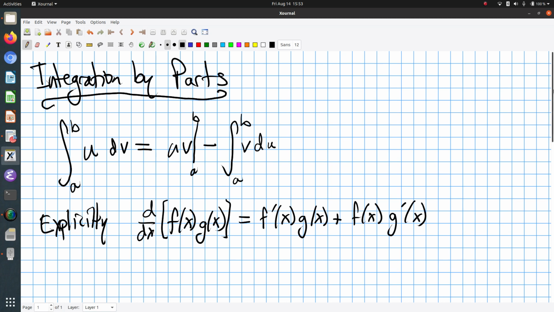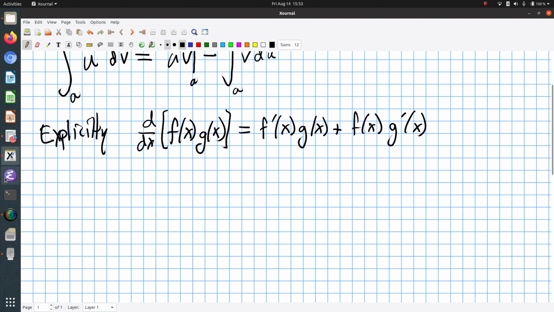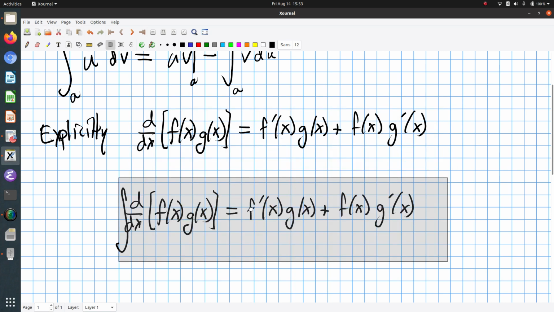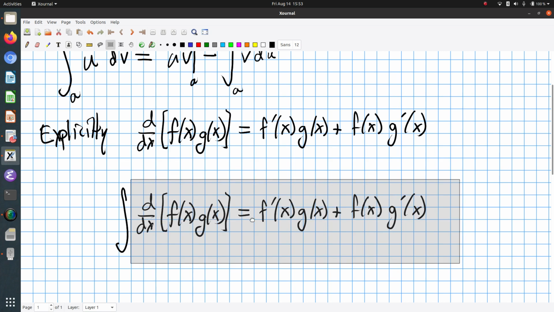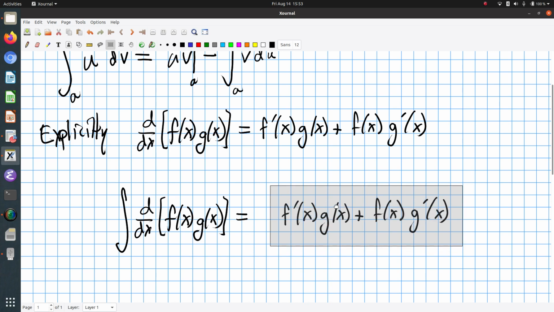Okay, and I said integration by parts is the integral analog of this. So if I integrate both sides, then I will get three separate integrals that are somehow related and somehow a little bit different.